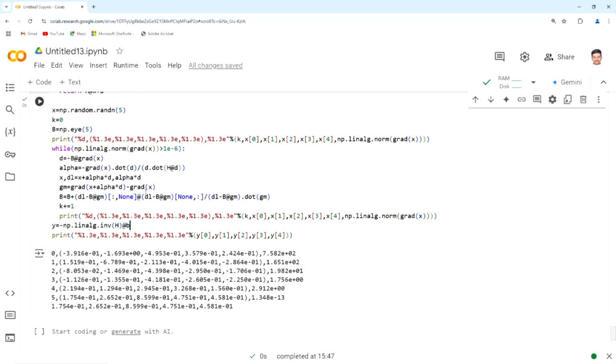I have managed to find the answer of any quadratic function in n steps, right. So, that is how good the rank 1 correction method is. So, in the next lecture we will understand more about rank 1 correction and then move to the other methods. Thank you.